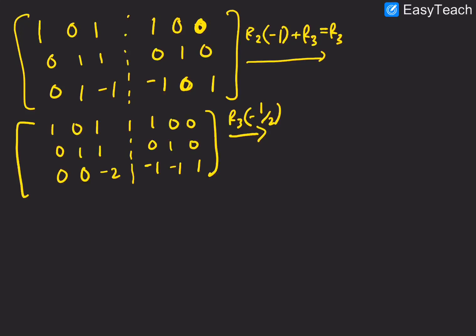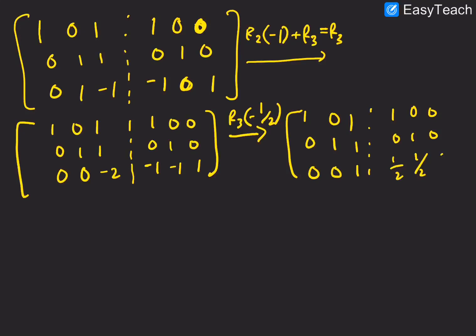That'll get you a new R3, and that'll be 0 0 1 on the left, and on the right 1/2, 1/2, and -1/2.